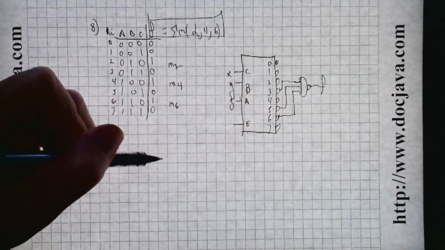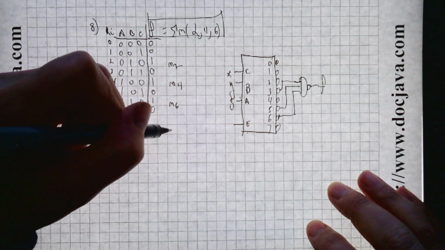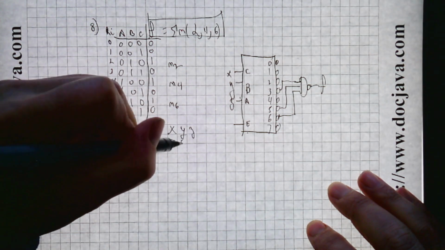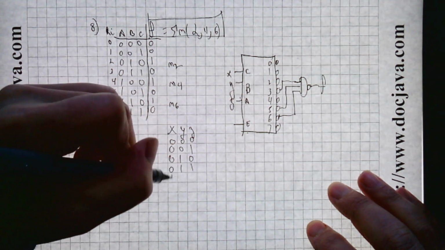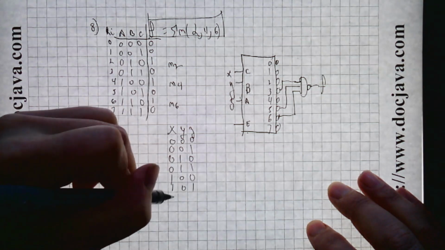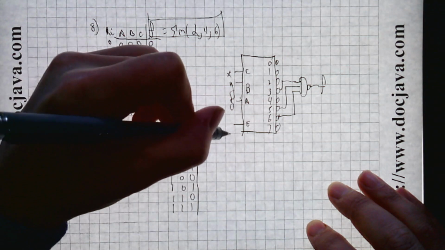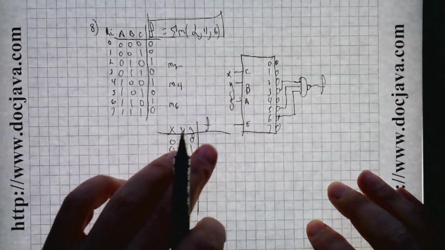Let's see now. What does it do? That's the question. What does it do? So, let's see if we can make a truth table. So, where will F be equal to 1?